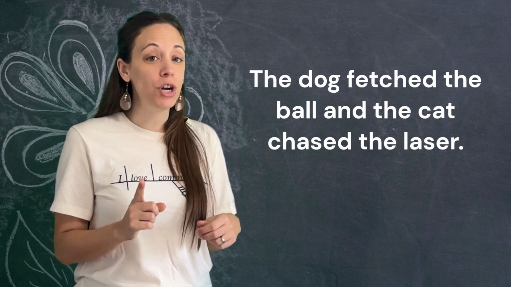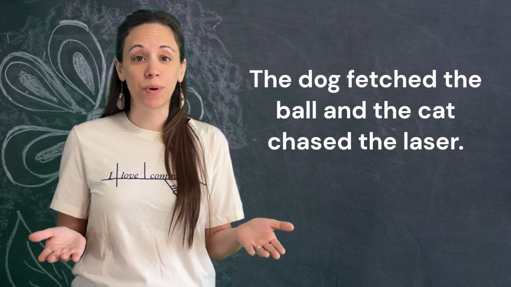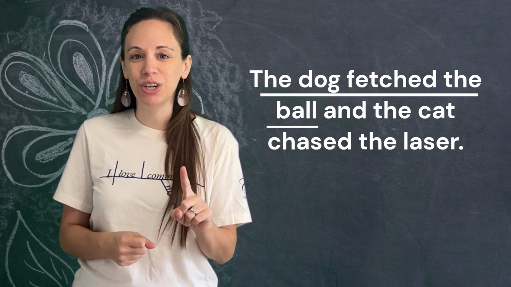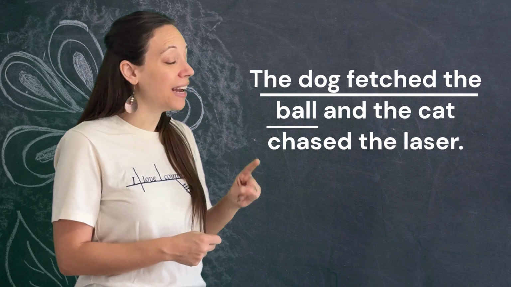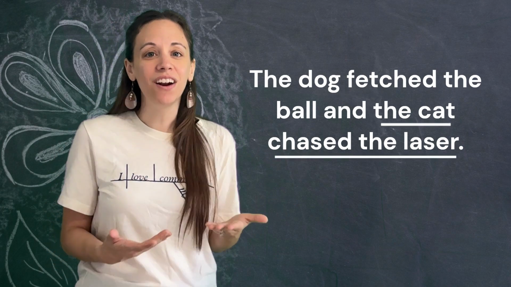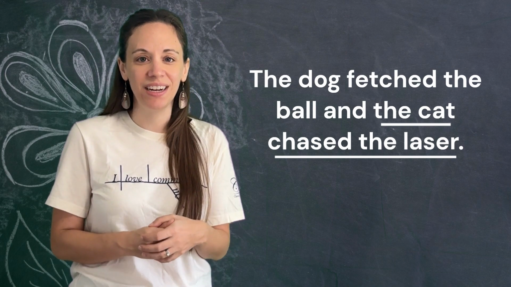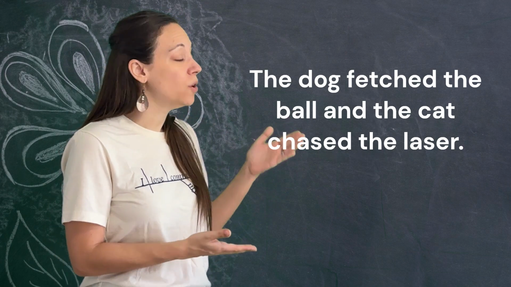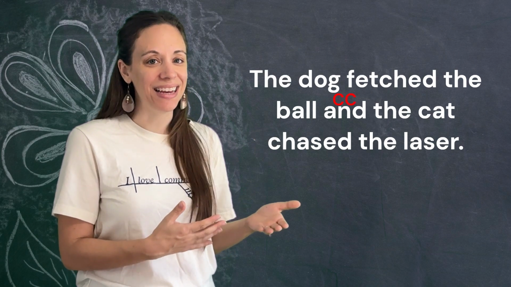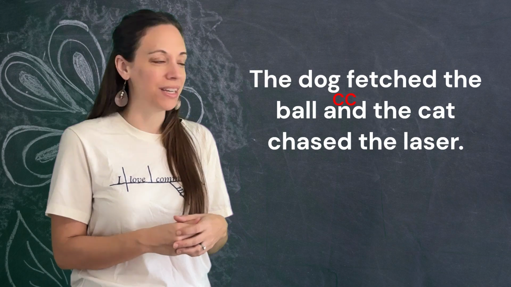So our first independent clause that expresses a complete thought is the dog fetched the ball. That's our first independent clause. Our second independent clause is the cat chased the laser. That also expresses a complete thought. And they are combined together with a coordinating conjunction. That word and is one of our fanboys, the coordinating conjunctions.